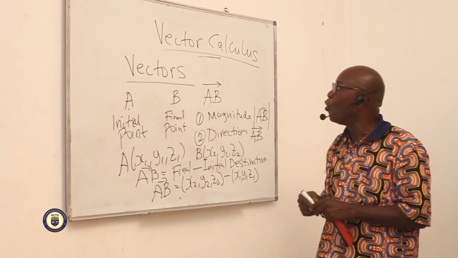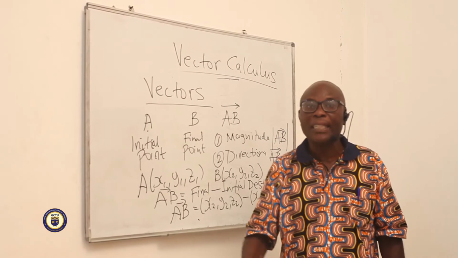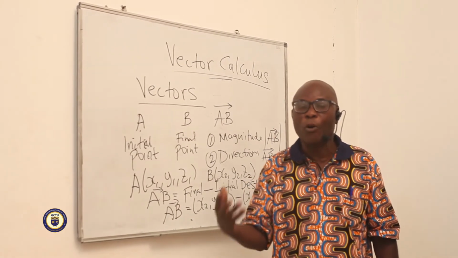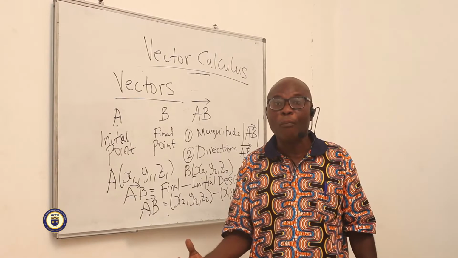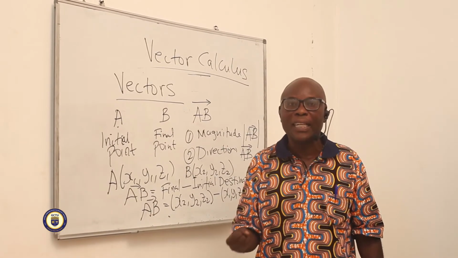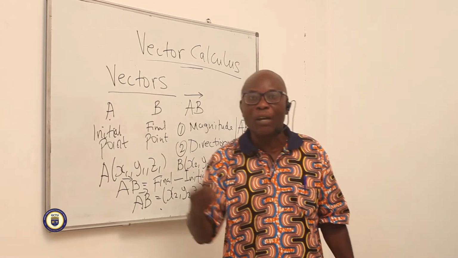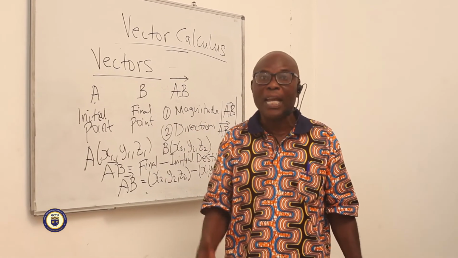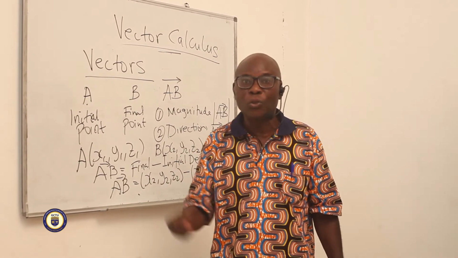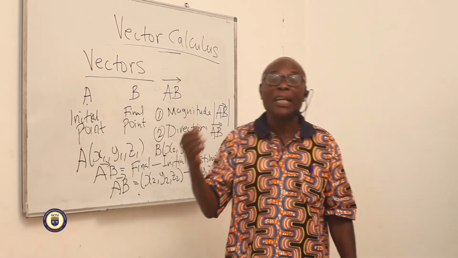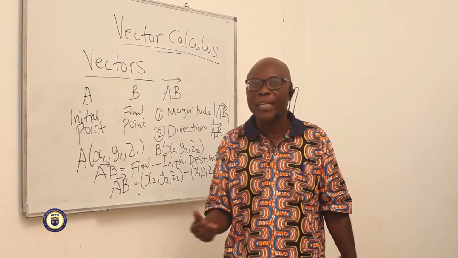And so what we do is that we subtract component by component, which means you take the final x component and then subtract the initial x component. Likewise, you take the y final component and subtract the y initial component. And lastly, you take the final z coordinate z2 and subtract the initial coordinate, which is z1.